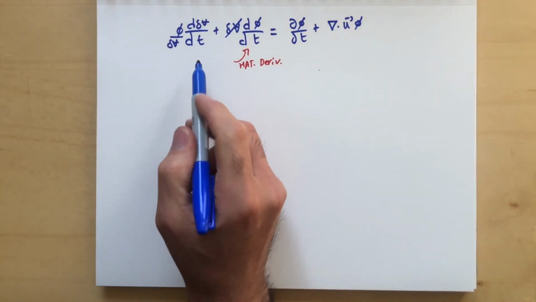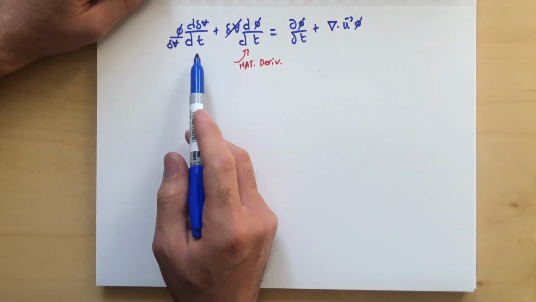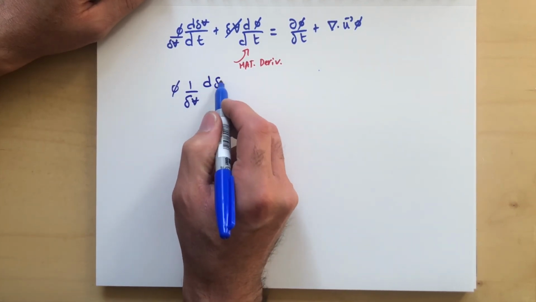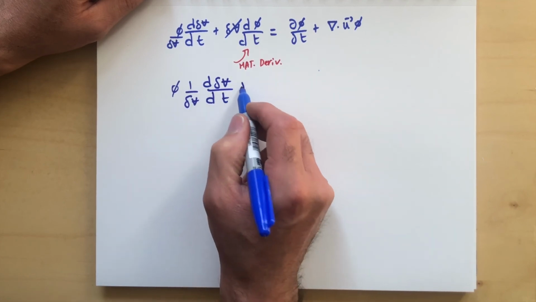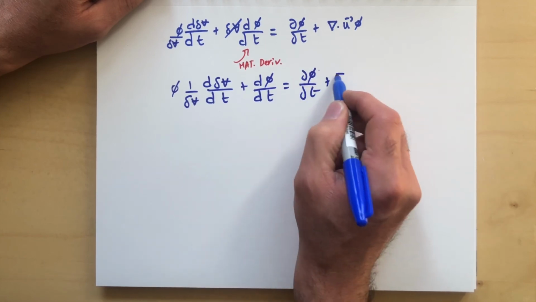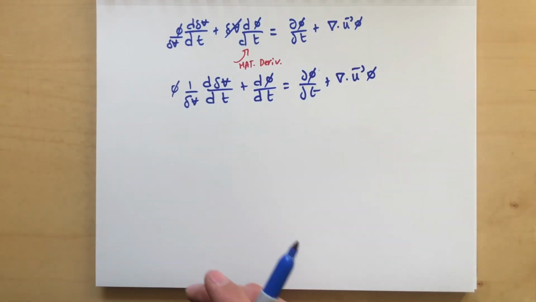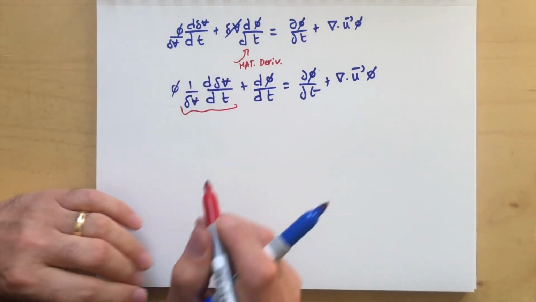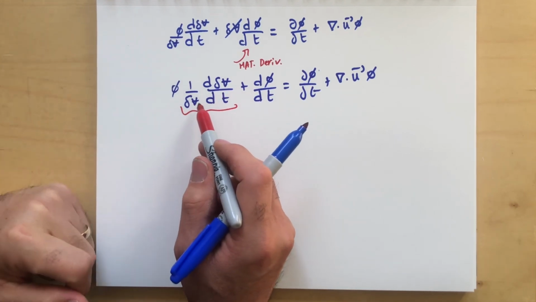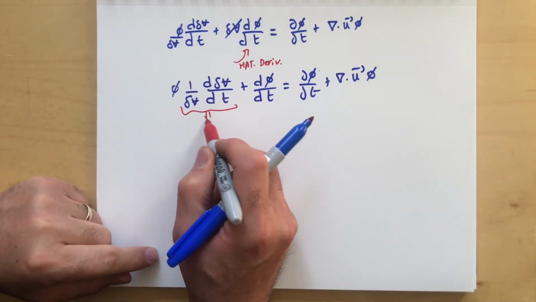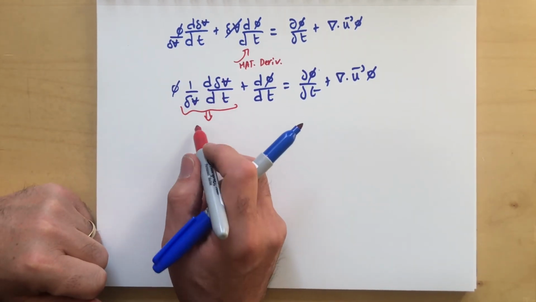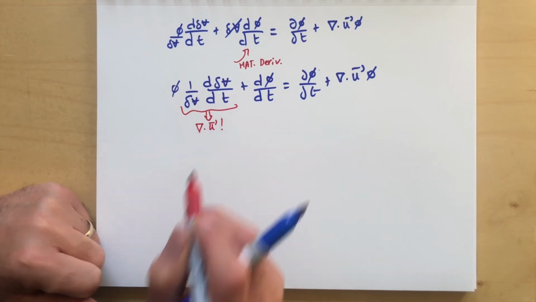Okay. Now what we can do here is take this phi times 1 over delta v d delta v by dt plus d phi by dt equal partial phi by partial t plus div u phi. Now what is this guy over here? Remember, this is the rate of change of a material volume per unit volume, and we had shown earlier that this is actually equal to the dilatation, div u.